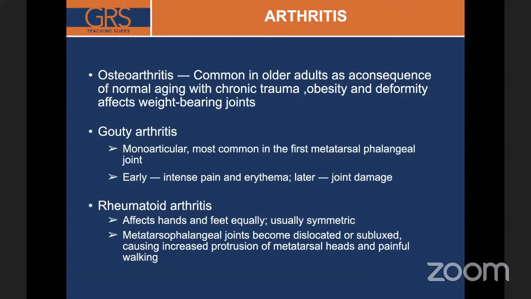The patient may feel intense pain and erythema, and later joint damage may occur. Also, we have rheumatoid arthritis. It affects hands and feet equally, usually symmetrically. The metatarsophalangeal joints become dislocated or subluxed, causing increased protrusion of the metatarsal heads and painful walking. All these can lead in the end to foot ulcer or foot disorder.